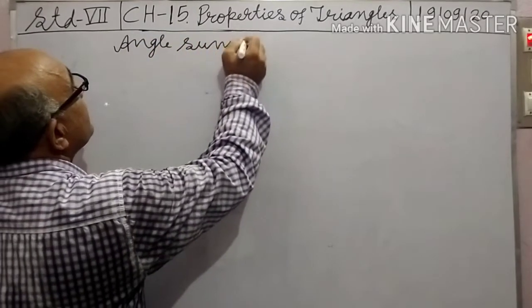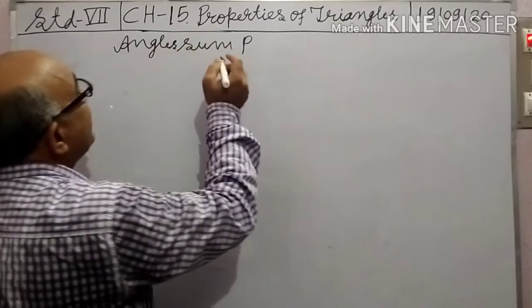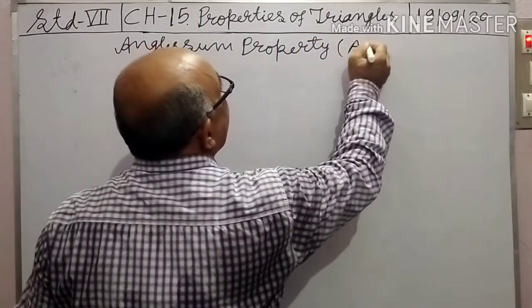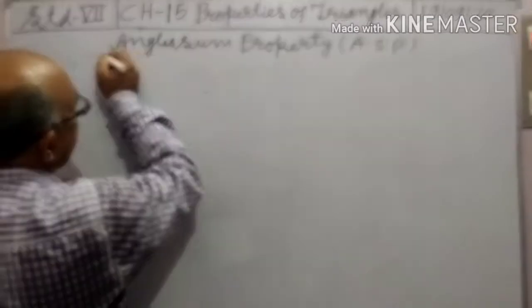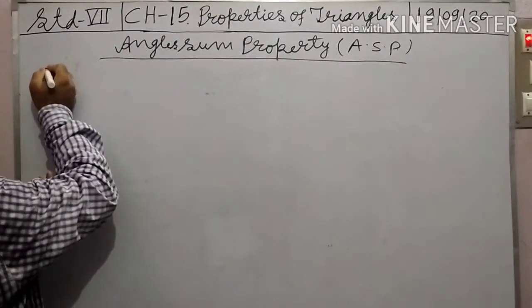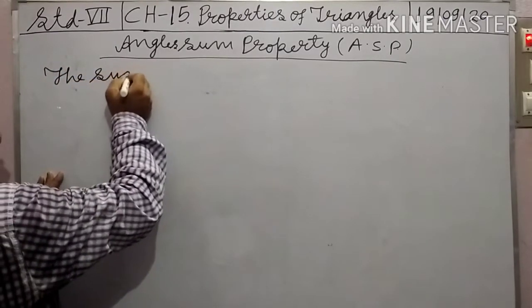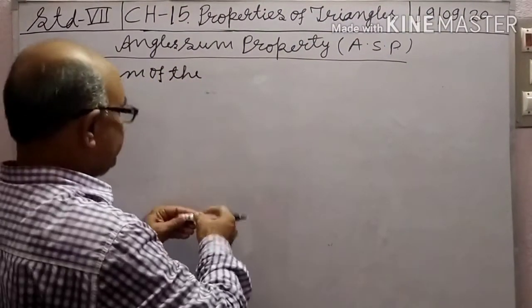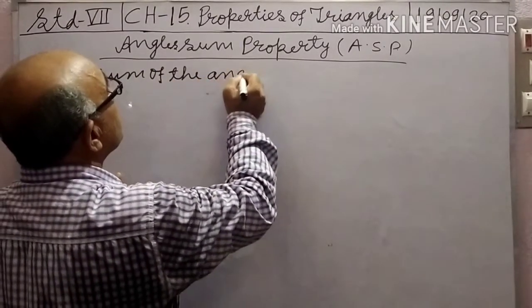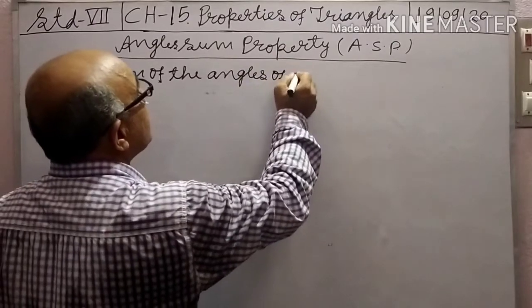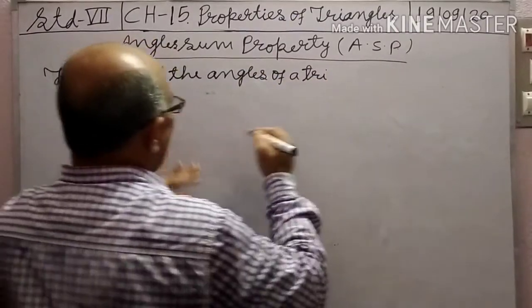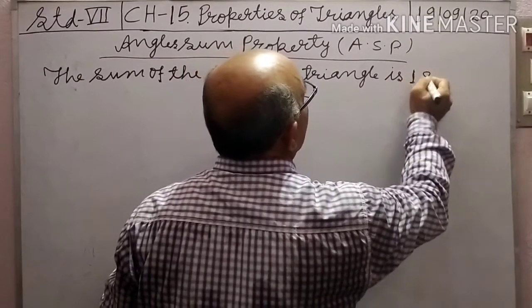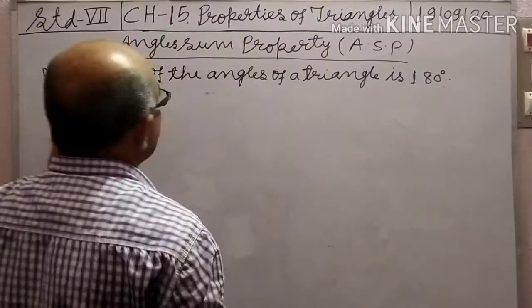Angle sum property. In short form, ASP. The sum of the angles of a triangle is 180 degrees. Note that it is a theorem also.